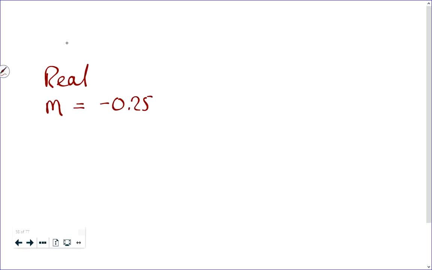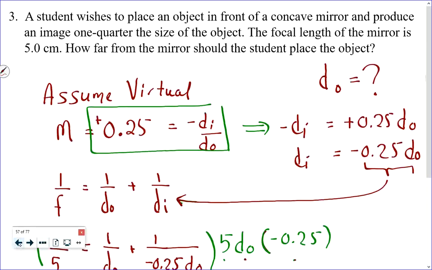So by knowing that detail, since this is a concave mirror and you're producing an image that's smaller, it has to be real, which you don't have to know to answer the question, but if you do, it makes your job a lot easier, because you can bypass all of this stuff.